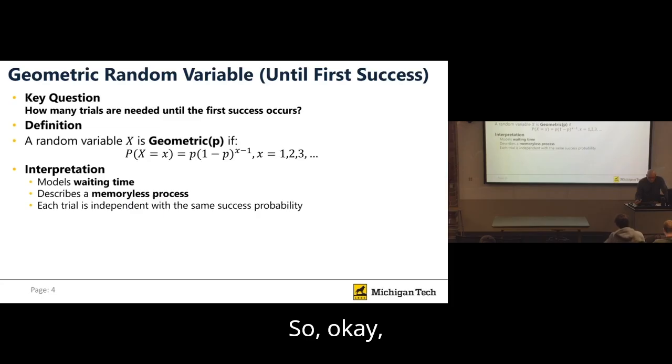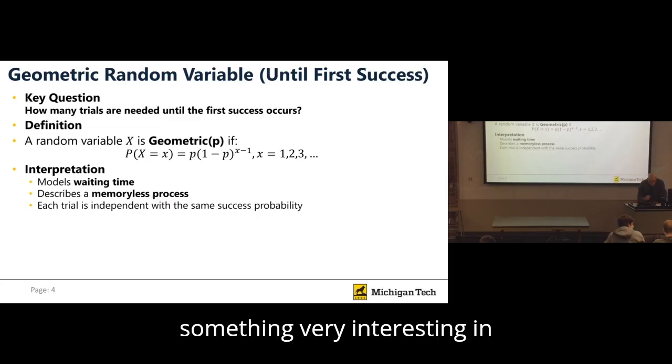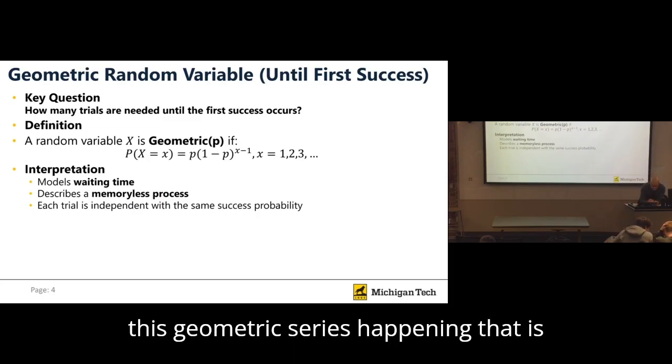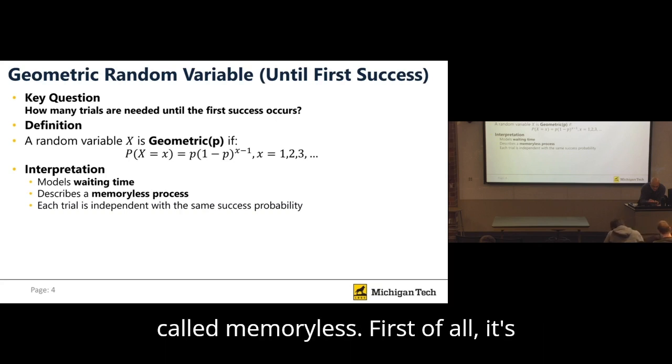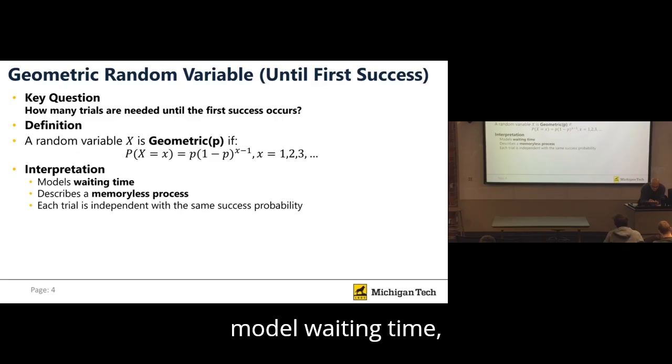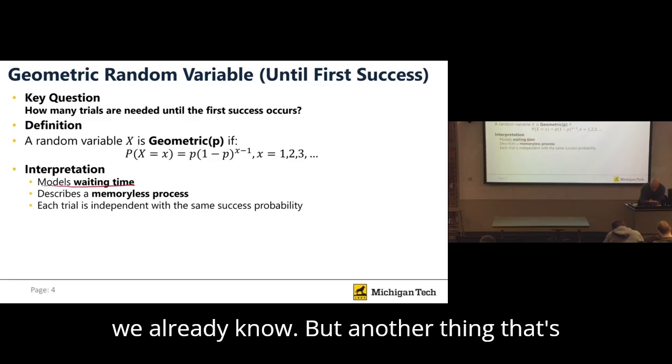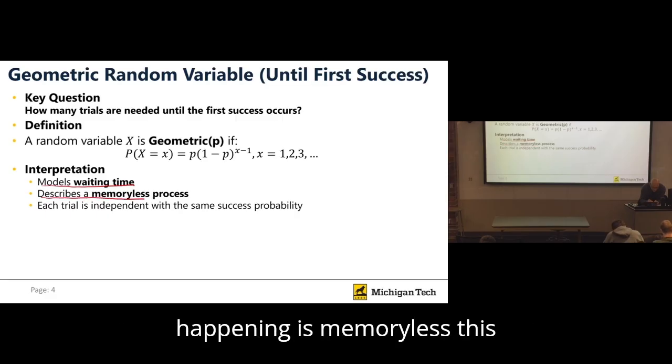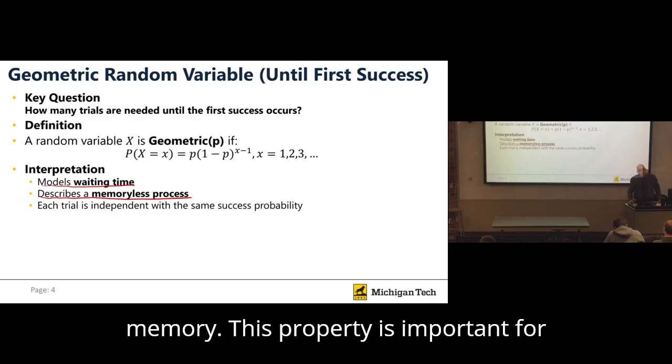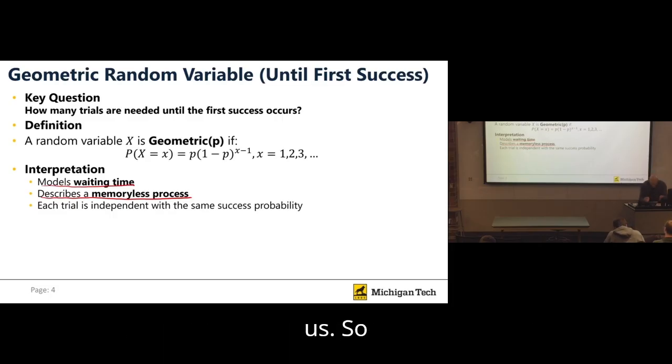So, okay, something very interesting happens in this geometric distribution that is called memoryless. First of all, it models waiting time. We already know that. But another thing that's happening is memorylessness. This memoryless property is important for us. So what does memoryless mean?